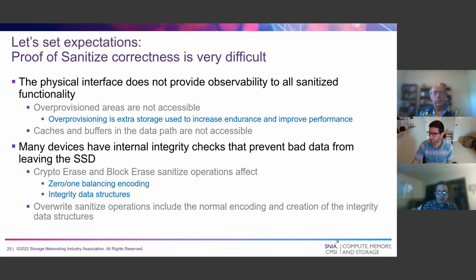And now you may not be able to read what's left over. On the other hand, the overwrite sanitize operations actually incorporate those normal encoding and integrity, and those just work.